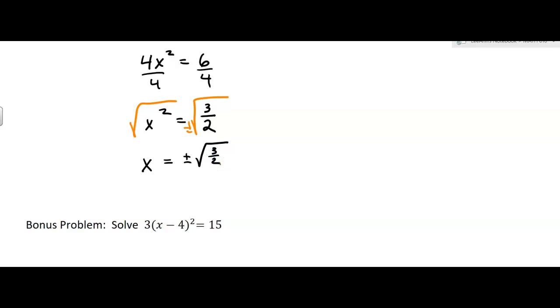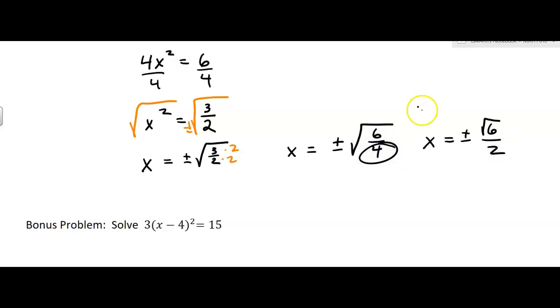But you're not allowed to have a fraction under a radical, so you multiply by 2 here, which gets us to x equals plus or minus the square root of 6 over 4, and then x equals plus or minus the square root of 6 over 2, because you can take the square root of 4. So that's the answer.